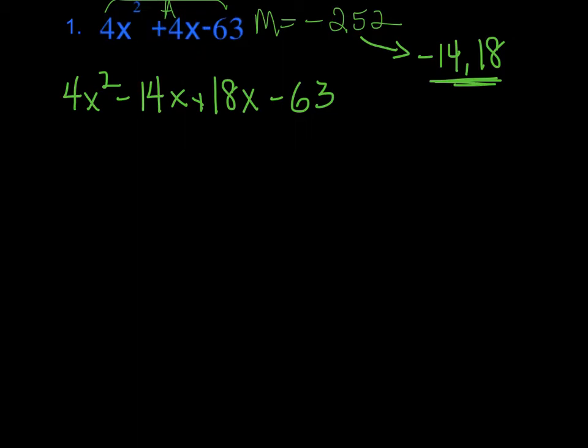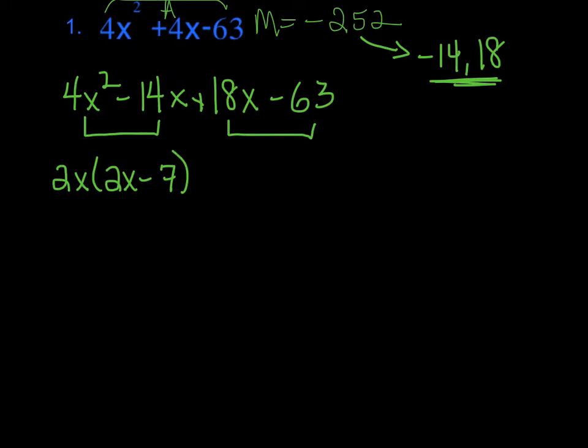All right, so now, remember, we're going to factor by grouping. So we're going to group the first two together, and we're going to group the second two together, and we're going to come up with a GCF for each group. So for the first group, I see that there's a 2 and an x that they both have in common. So I'm going to factor that out, and I'm going to get 2x minus 7.